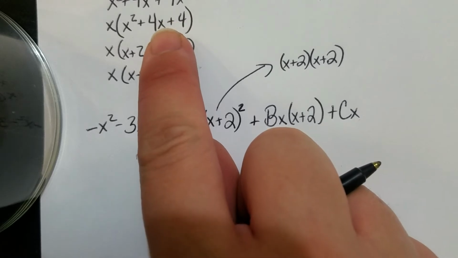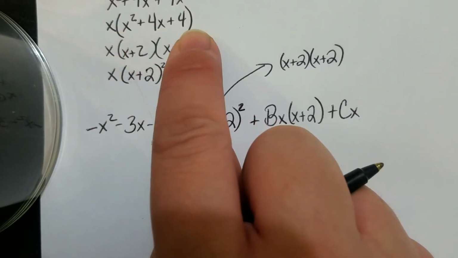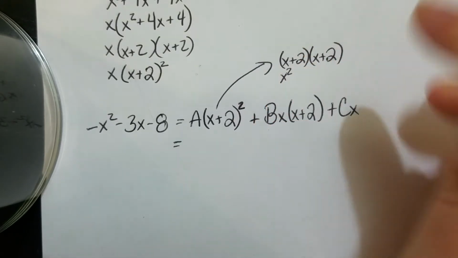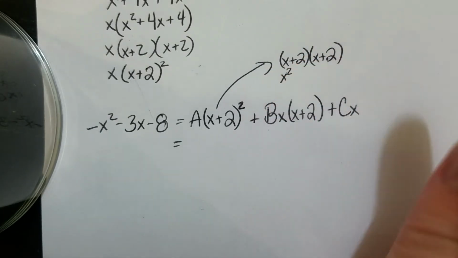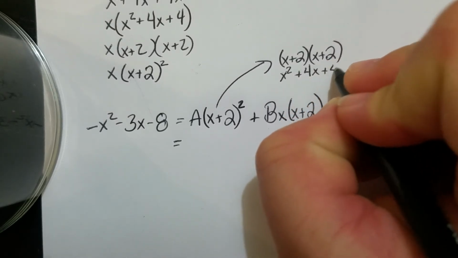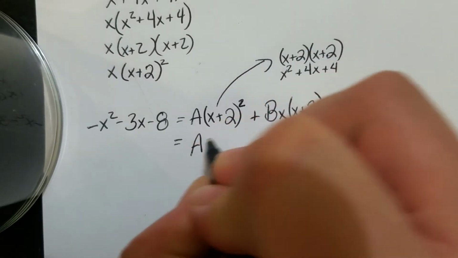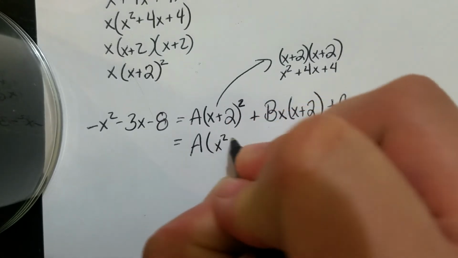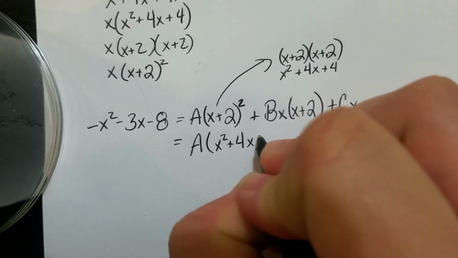You might also notice you already have it expanded right here. So x times x gives you x squared. In the middle, you'll get 2x and 2x, which will be 4x, and then 4. Okay, so I have A, and then I've got this: x squared plus 4x plus 4.